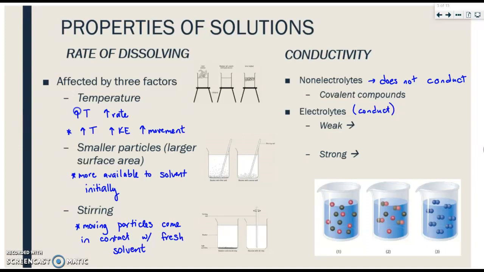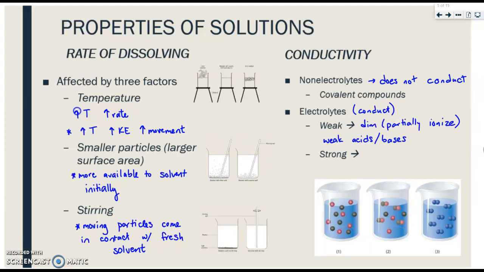We have weak electrolytes and we have strong electrolytes. Something that is weak, we like to say will have a dim light because they only partially ionize or break apart into their ions. And usually here, your weak acids and bases go. Okay.